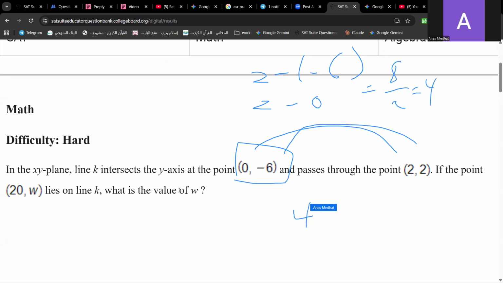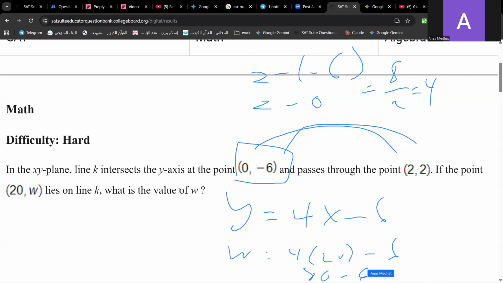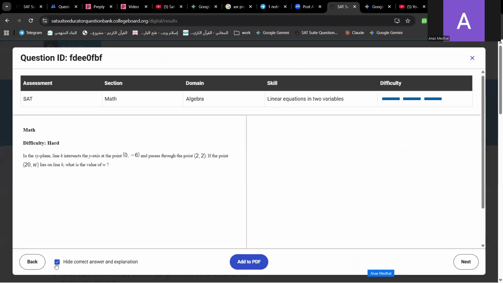So 4x plus or minus 6, the y-intercept. Now substitute 20 and get w. w equals 4 times 20 minus 6, which will be 80 minus 6. 80 minus 6 is 74. So the answer is 74.